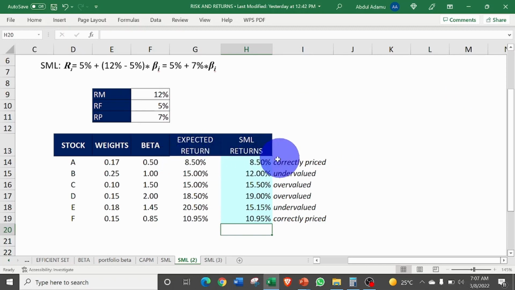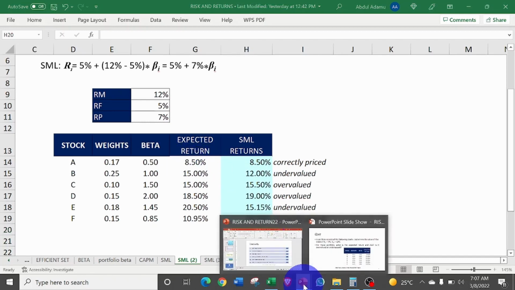So that means the stock is valued correctly. That is what is written here. If you look at the value here, this is 12%. This is less than the expected return. This is the expected return. This is above the security market line. Then it shows that it's undervalued.